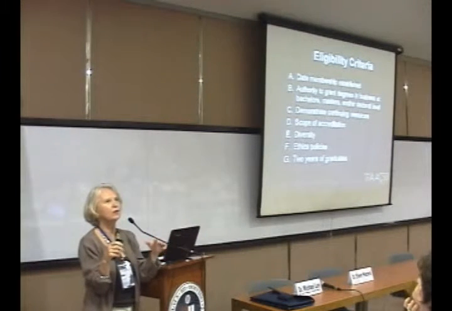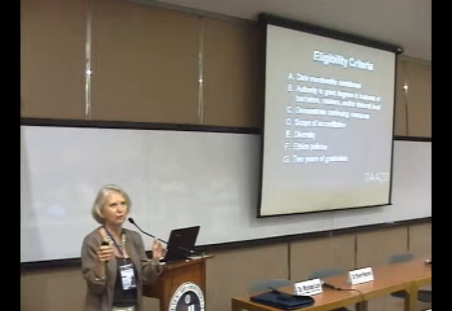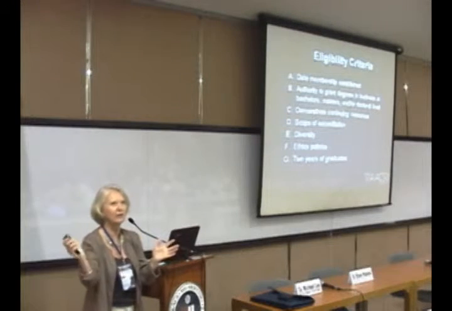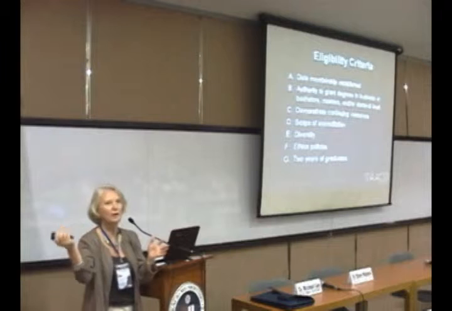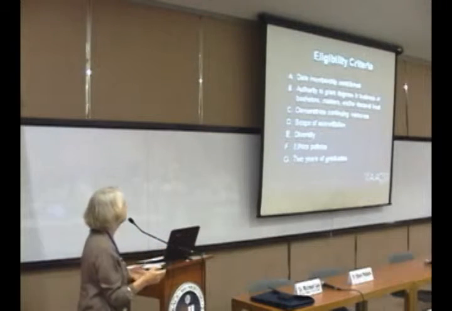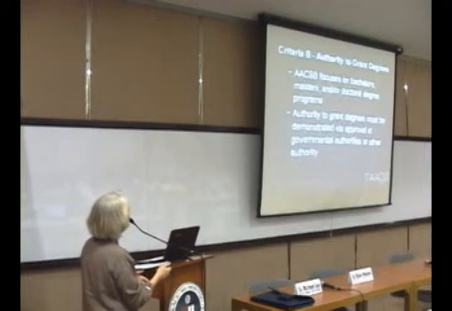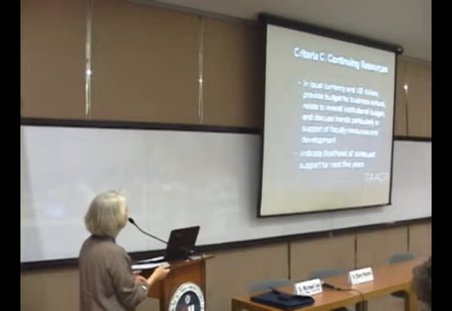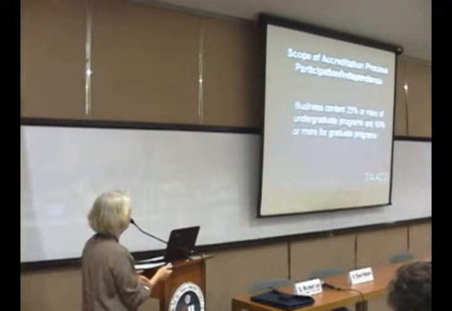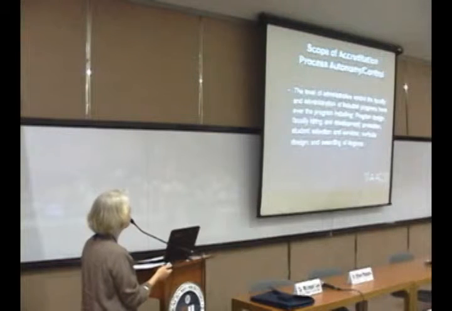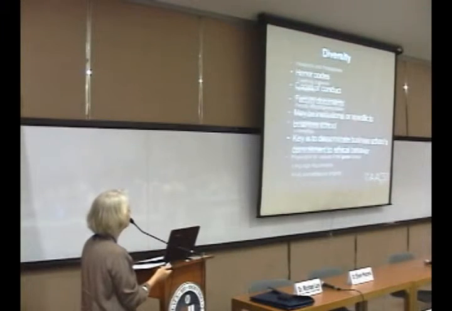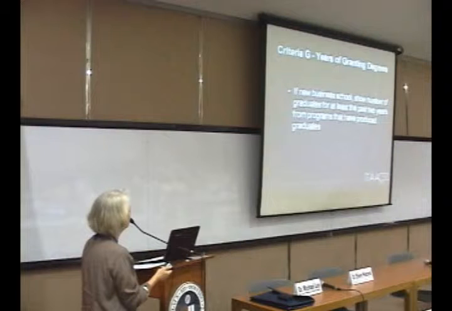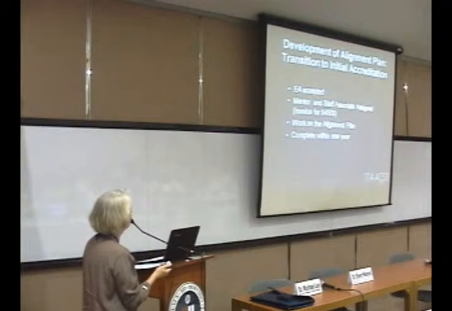It doesn't mean that you have to wait for 2 years of graduates before you can apply. You just don't include it this time. We'll include it next time. Okay, so I am not going to go through each of these criteria. I can go back to them if you want me to later, because we have a lot of people that need to talk.